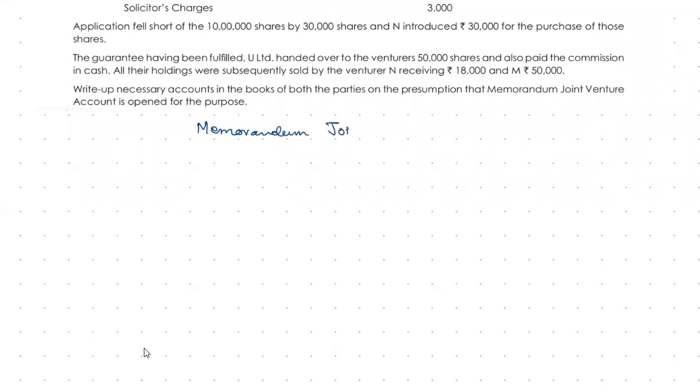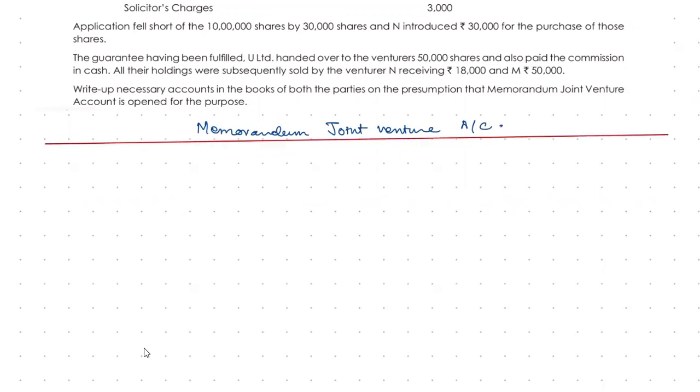Memorandum joint venture account. Now see, I have not written anywhere in the books of whom. Correct. So that means सबके नाम से सब कुछ जाएगा, जिसने जो किया उसके नाम से जाएगा.